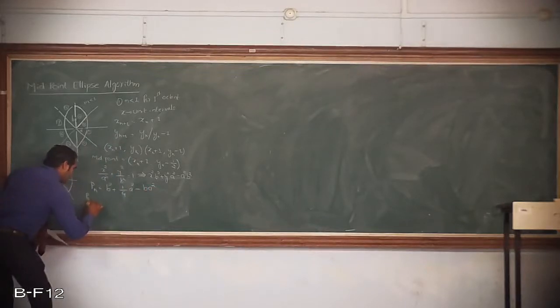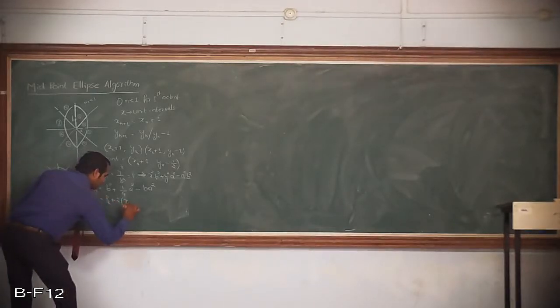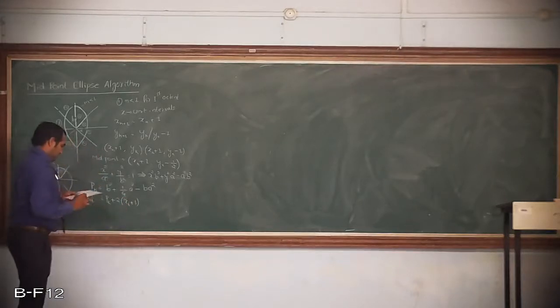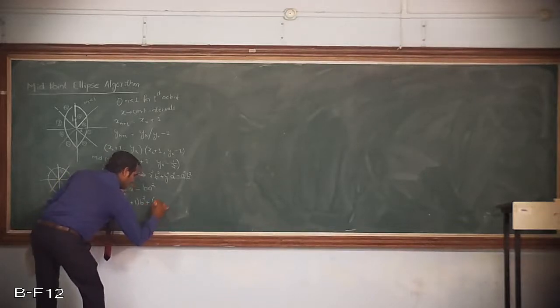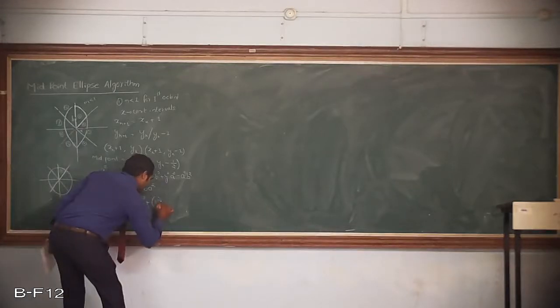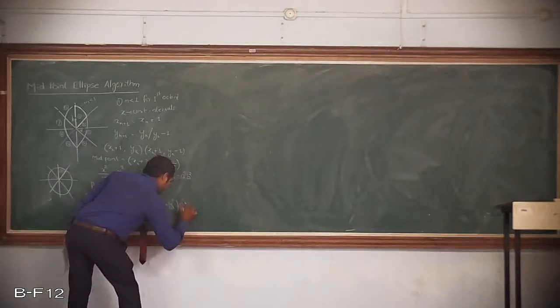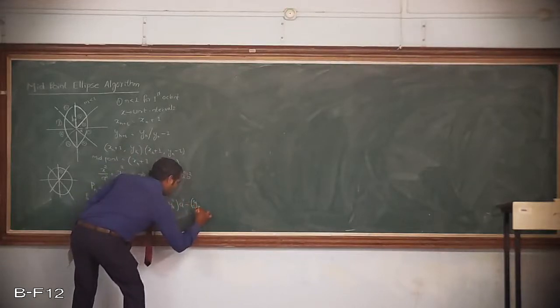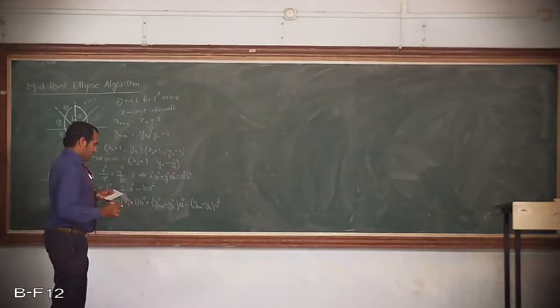Similarly, the value of pk plus 1 was pk plus 2 into xk plus 1 b square plus yk plus 1 whole square minus yk square into a square minus yk plus 1 minus yk into a square plus b square.